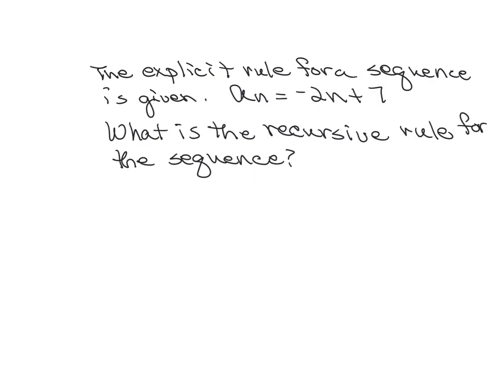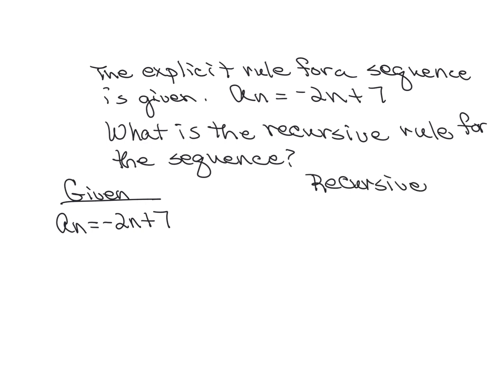Okay, in this example, you're given an explicit rule, and they want us to write the recursive rule. All right, so I am given this information. I'm given a sub n is equal to negative 2n plus 7. I want to write the recursive rule. And the recursive rule, my formula, is a sub n is equal to a sub n minus 1 plus d.